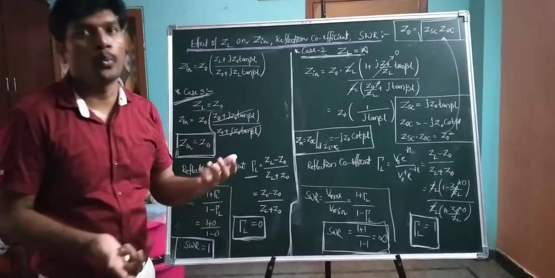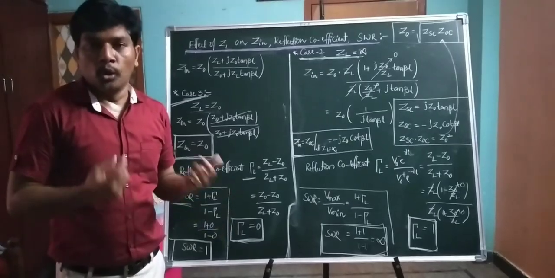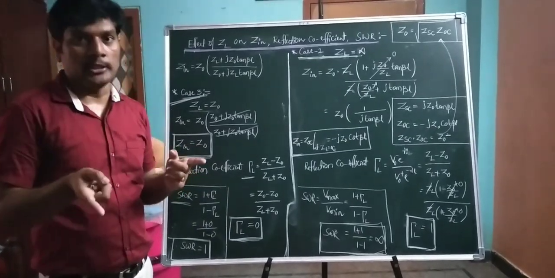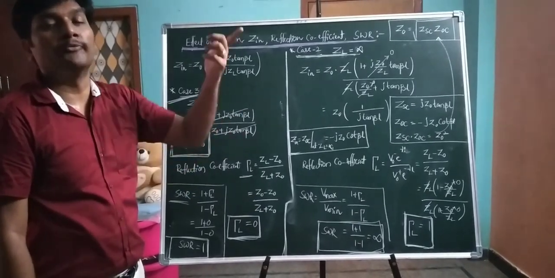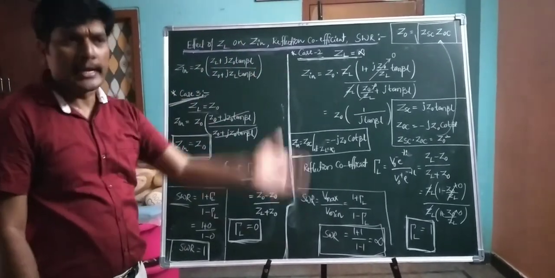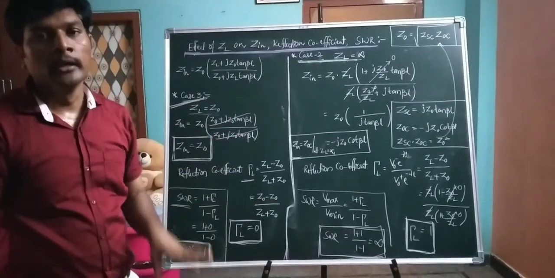Either 0 or 1. If you consider the standing wave ratio, when the load is perfectly mismatched, what is the value of the standing wave ratio? The standing wave ratio is infinity, which represents that maximum reflections have taken place, either in the form of voltage or in the form of current.